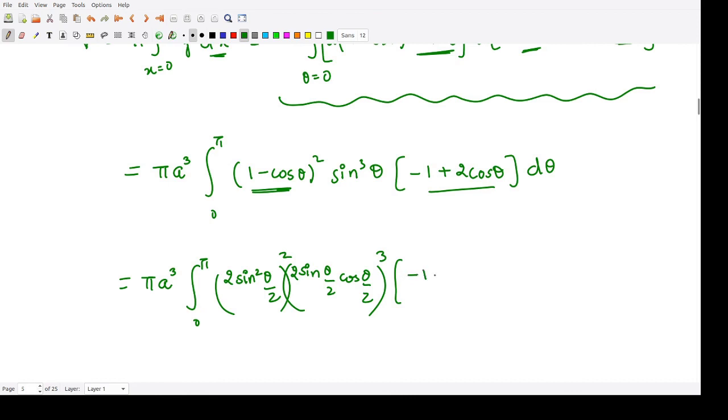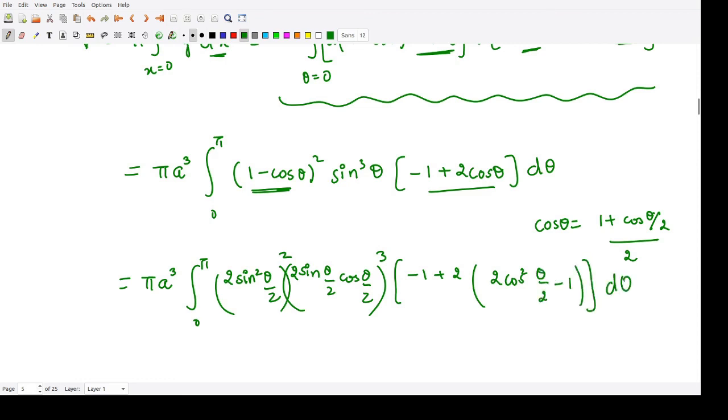So it would be minus 1 plus 2 times the value of cos theta in half angles, which is 1 plus cos theta divided by 2, right? So in place of cos theta we have two cos square theta by 2 minus 1 d theta.